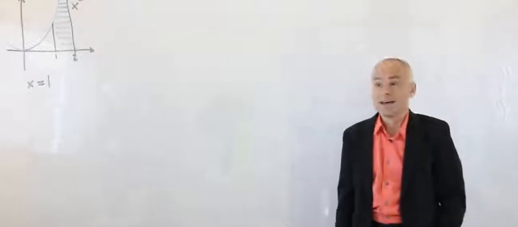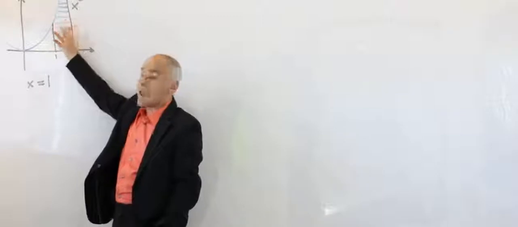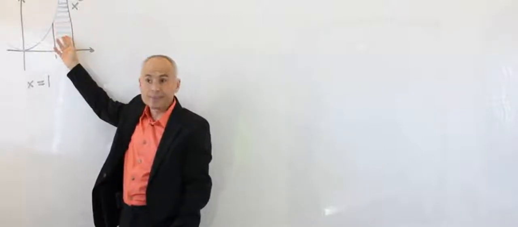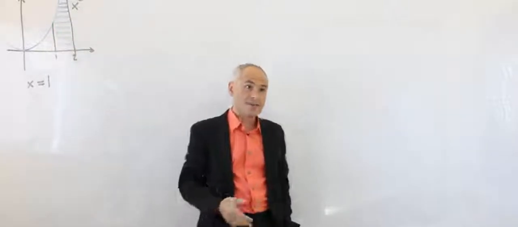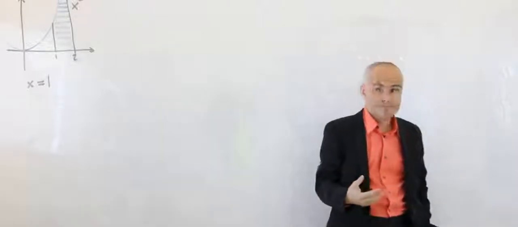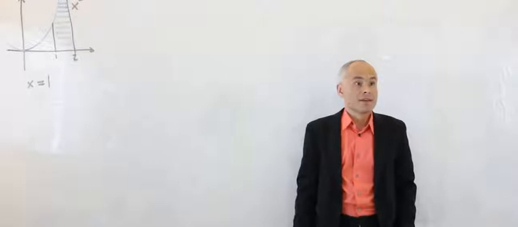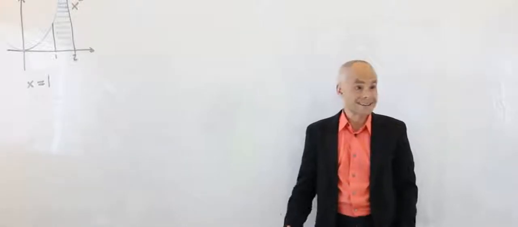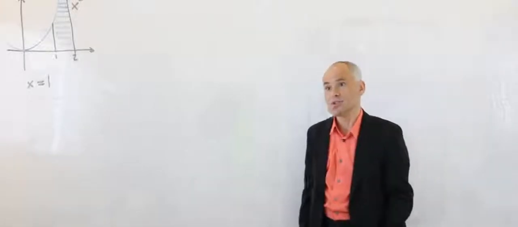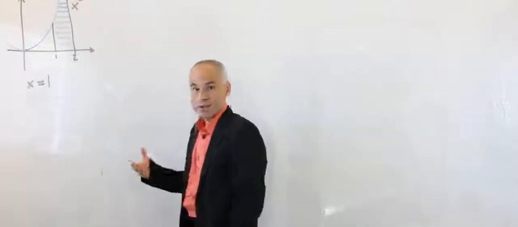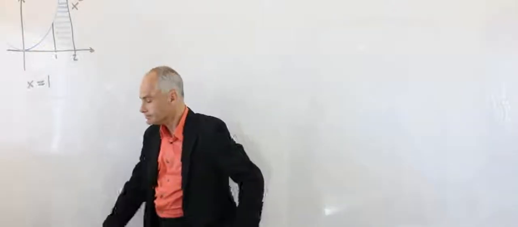Well, we need to set up the definite integral. The definite integral will be the area that I just shaded here. And then we will use the fundamental theorem and antiderivatives to calculate that area, and we obtain an exact number. We don't need to write the limit of the Riemann sum anymore.